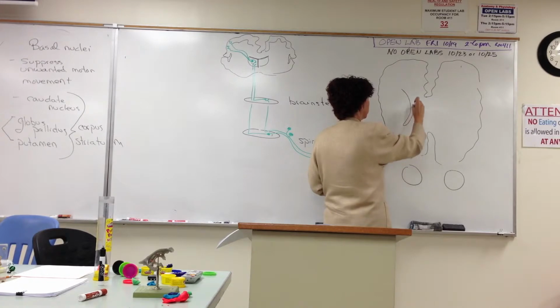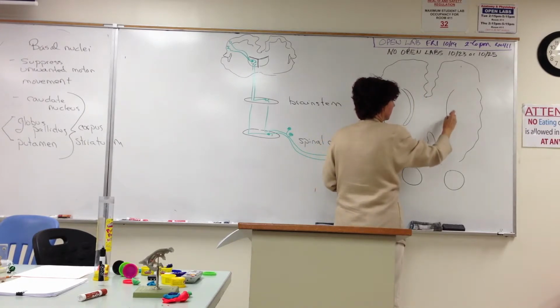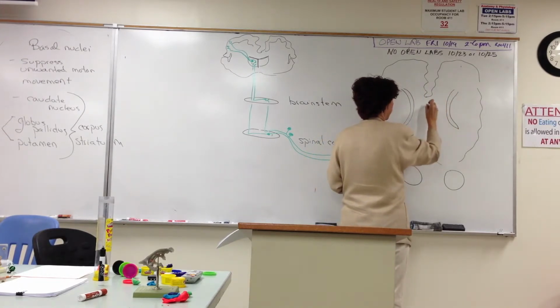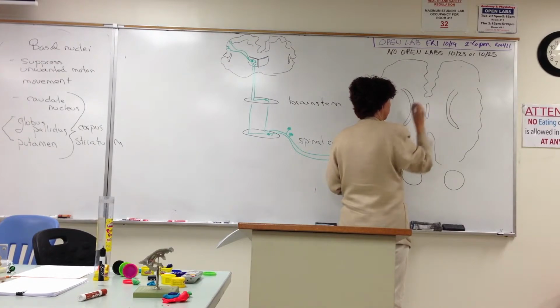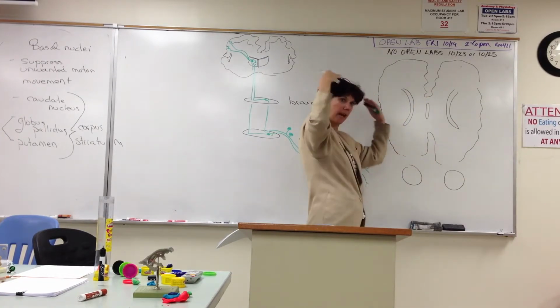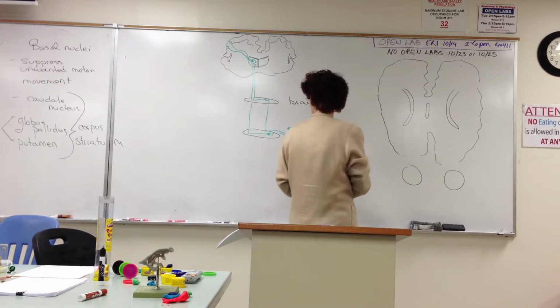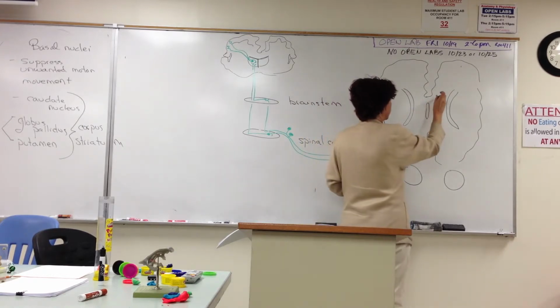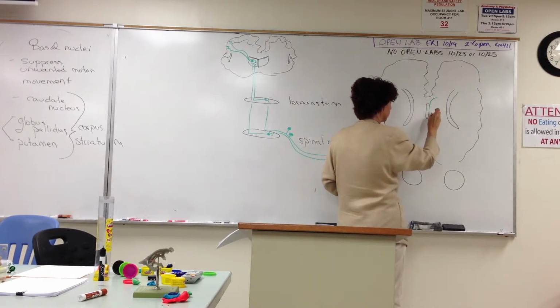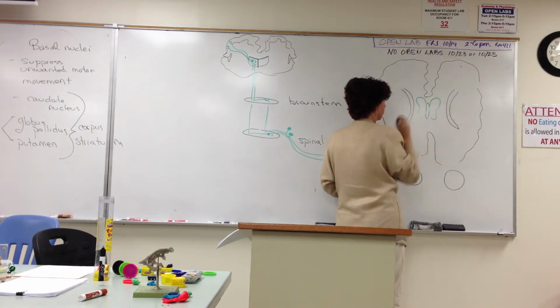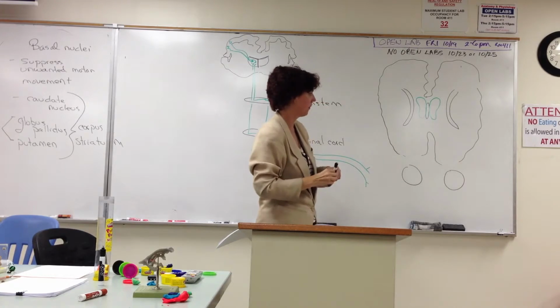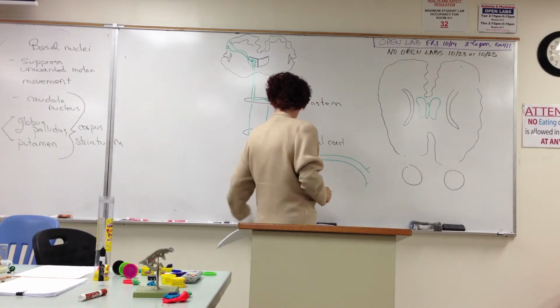Lateral ventricle. And third ventricle. We're looking, taking the top of the head off. All right. So thalamus. Now let's draw those neurons in.